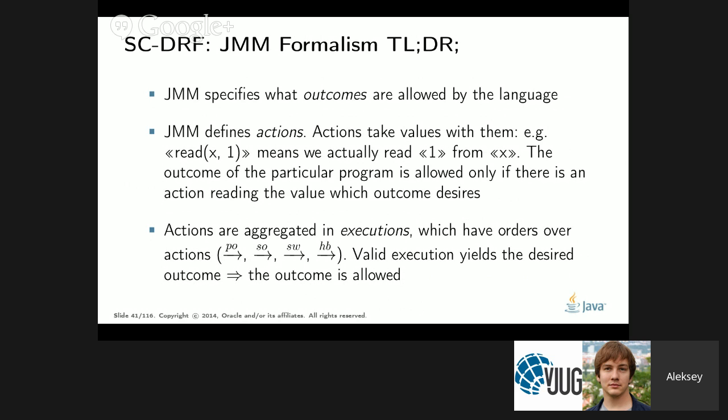So it cannot, for instance, say that this particular program transformation is allowed under the memory model and this particular transformation is not, because you cannot use that knowledge to reason about programs at large. So JMM is not reasoning about programs themselves. Instead, it builds a parallel formalism for the entire thing.